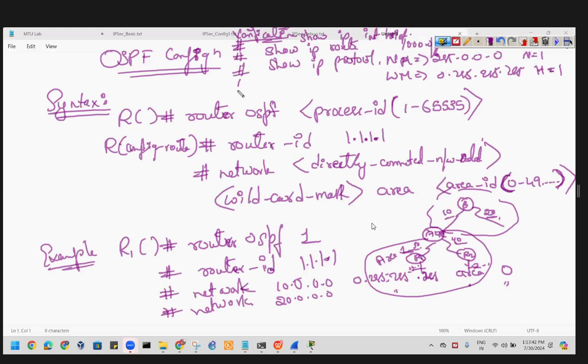Then you have a few more with OSPF: show ip ospf neighbor, which will display the neighbor table. That is for the routing table, and this is for the neighbor table. Then show ip ospf database, which will be your LSDB, the link state database, that is your topology table.